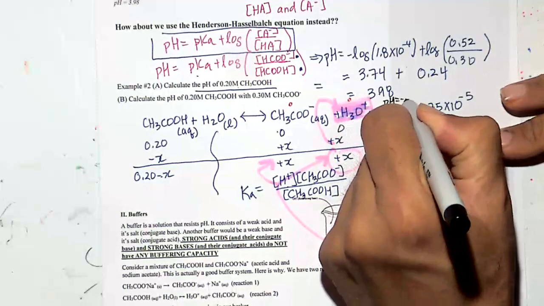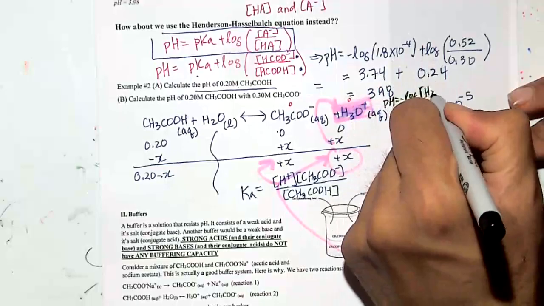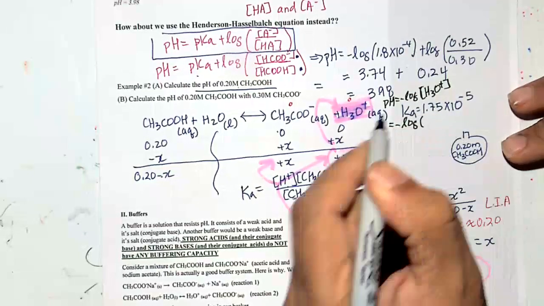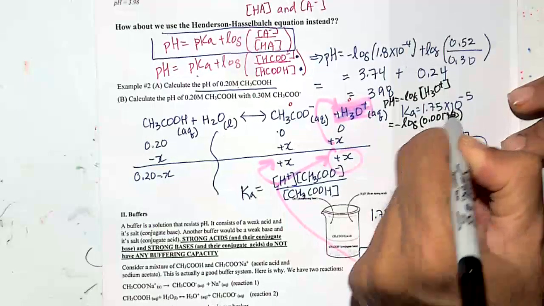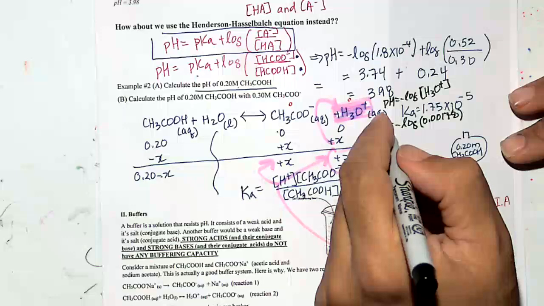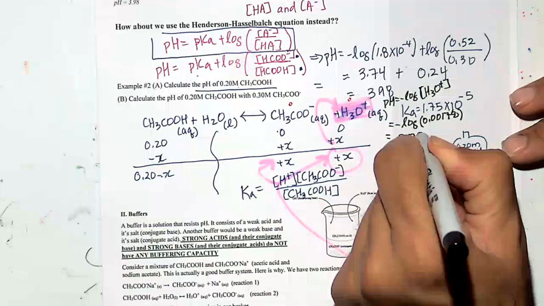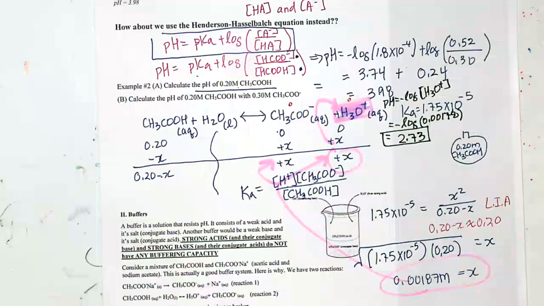All right, so this is what I want you to do on the exam or the quiz. Just to save us some time, I have the answer here as 2.73, when I plugged it into the calculator.